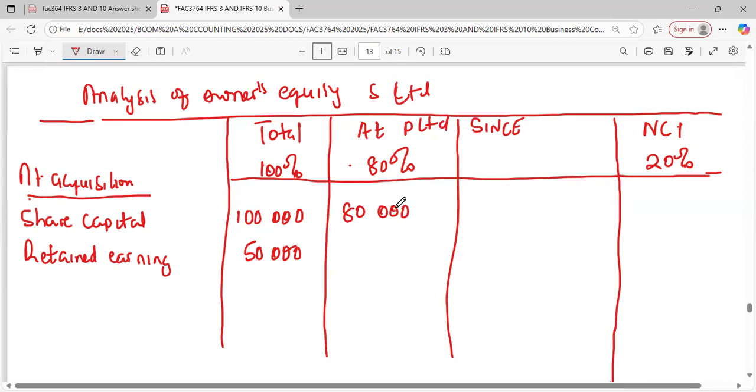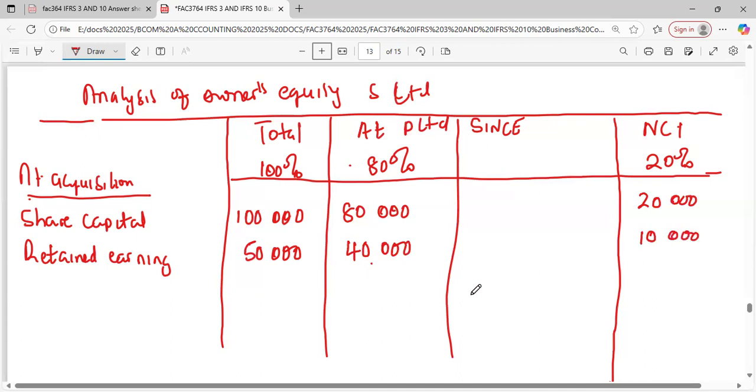Then 80% of 50,000, sorry, it's 40,000. So this is the equity which was purchased, which means here the balance goes to NCI of 20,000. Here the balance goes to NCI of 10,000.